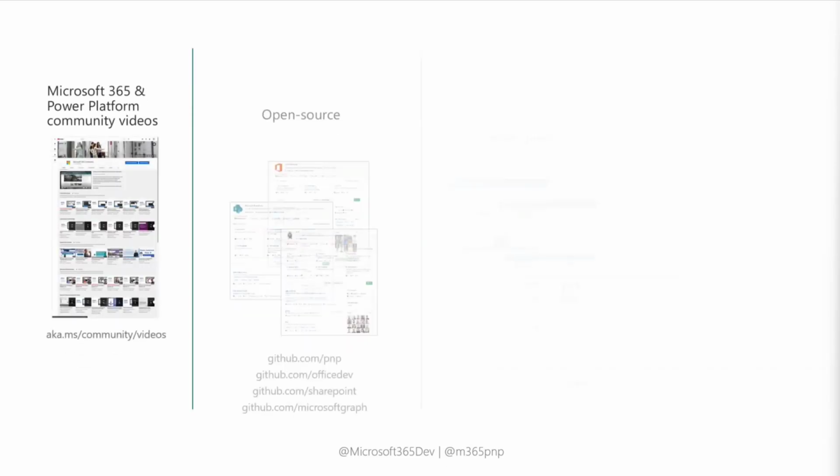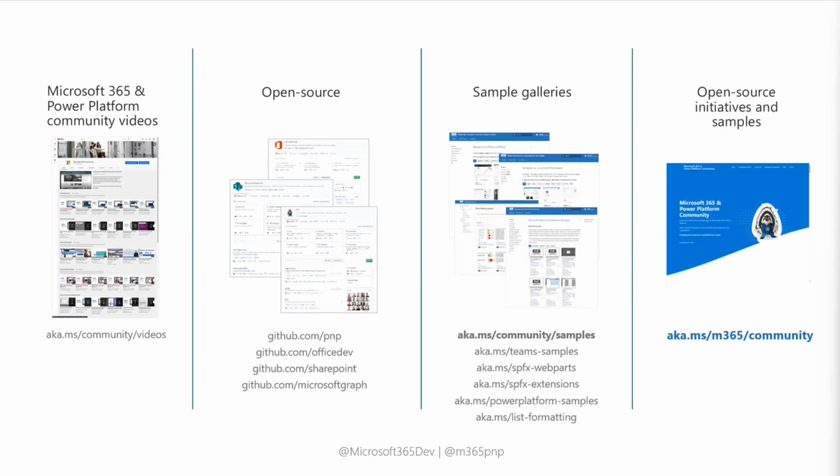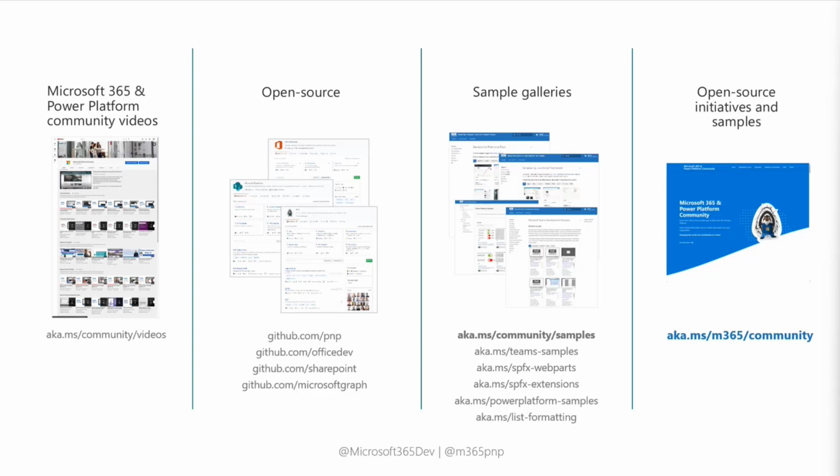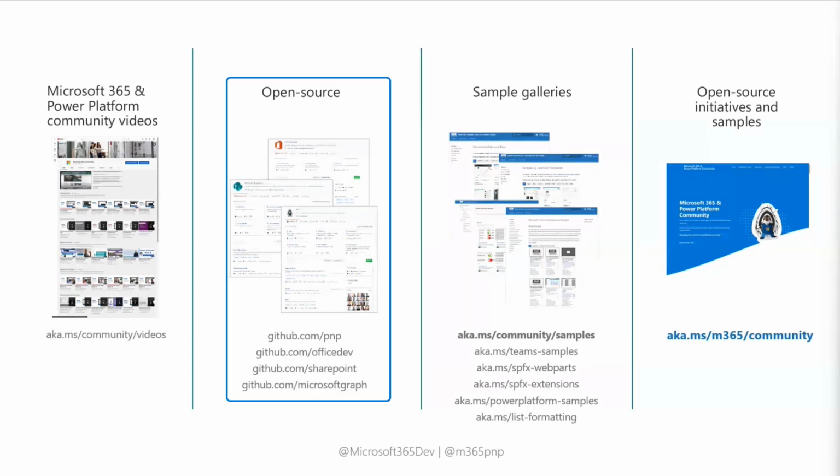We have a few. We have our Microsoft 365 and Power Platform community videos, where you can stay up to date with everything that's going on. In fact, all the demos that we do, all the calls that we do are recorded. And then we throw in some extra stuff once in a while. We have some open source initiatives on GitHub, so you can go to the various GitHub repositories that we have.